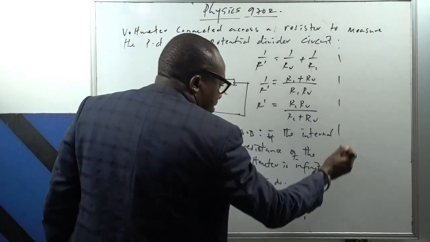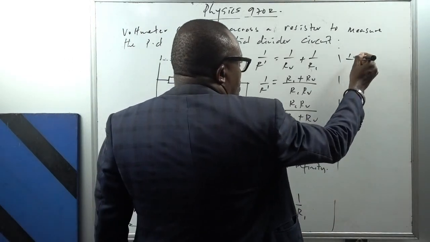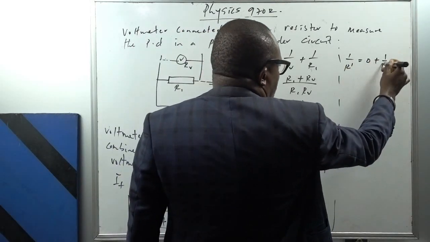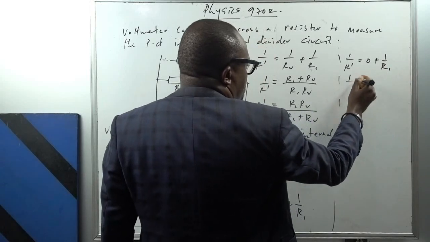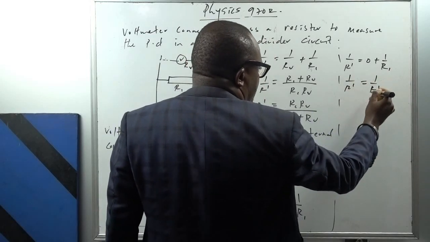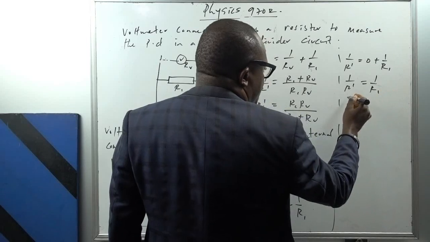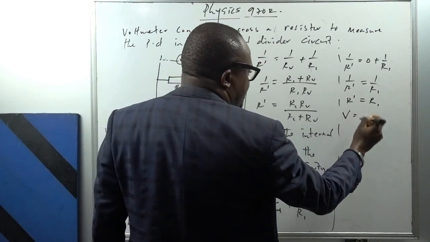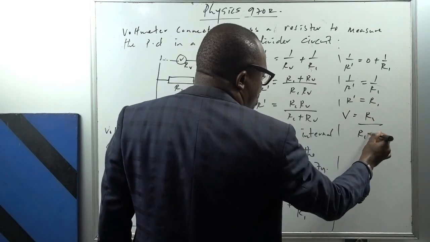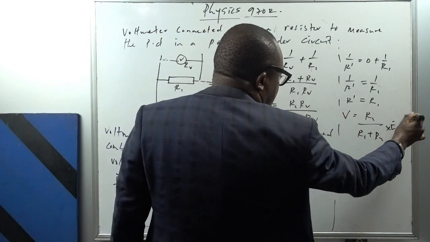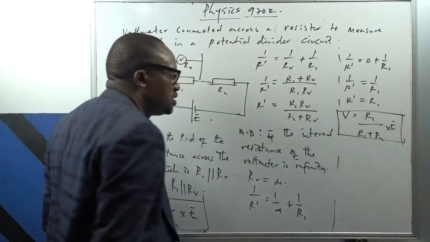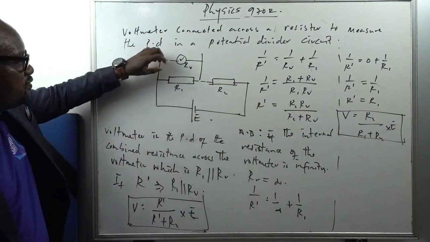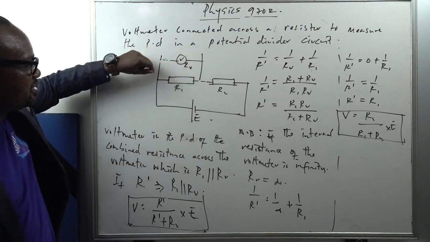So 1 over R prime is equal to 1 over infinity, which is 0, plus 1 over R1. Therefore 1 over R prime is equal to 1 over R1, so R prime is equal to R1. Therefore the voltmeter reading becomes R1 over R1 plus R2 times E.